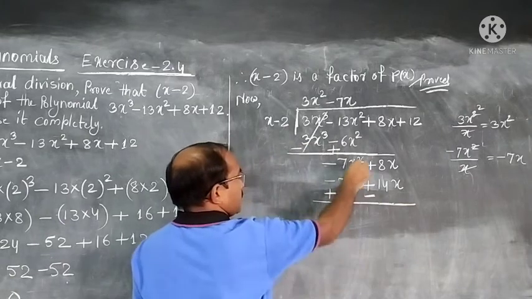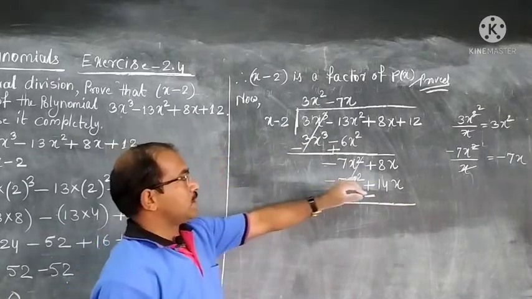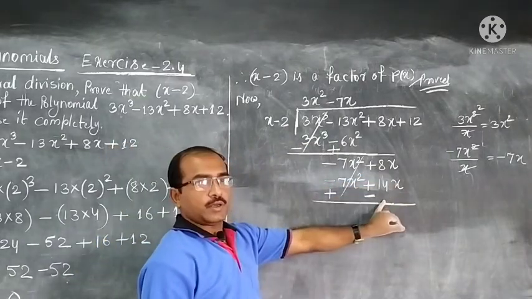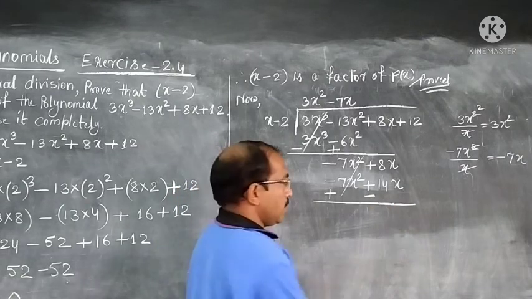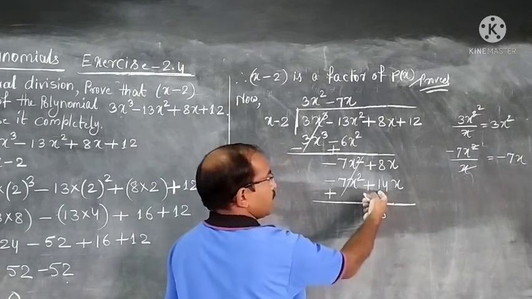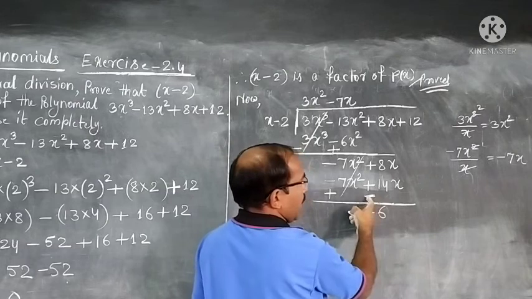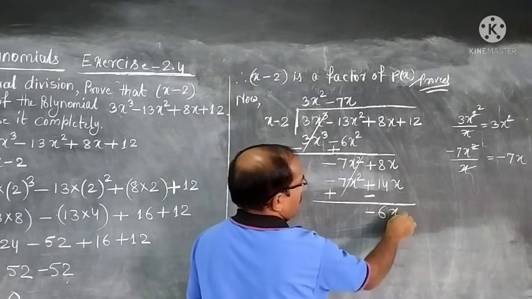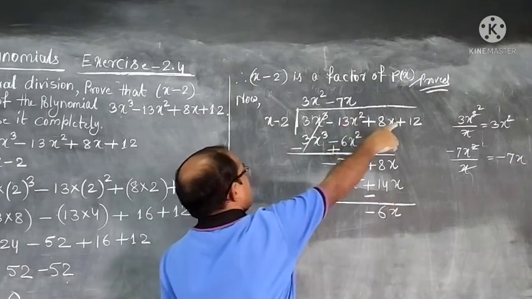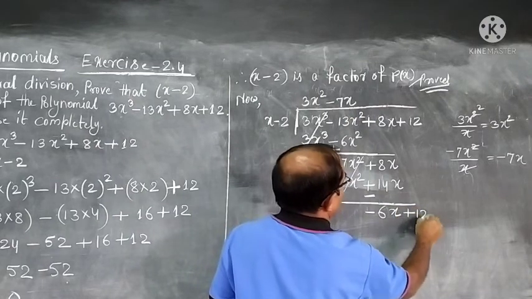This will be minus 7x square plus 7x square is 0, and 8 minus 14, again subtraction, but the sign of the bigger number, 14 minus 8 is 6, minus since 14 is bigger. So minus 6x, and then we get 12 here.